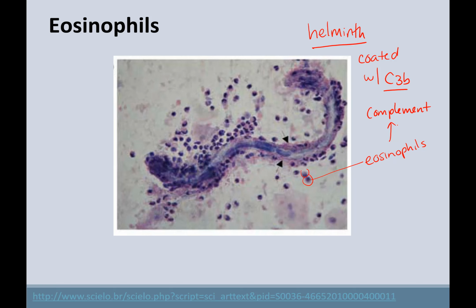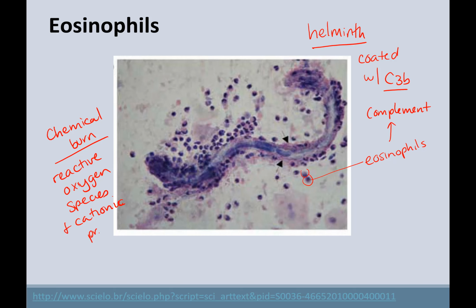The eosinophils release all these proteins, and they basically give the parasite what we call a chemical burn. So they release reactive oxygen species and cationic proteins, and this just damages the pathogen's membrane.